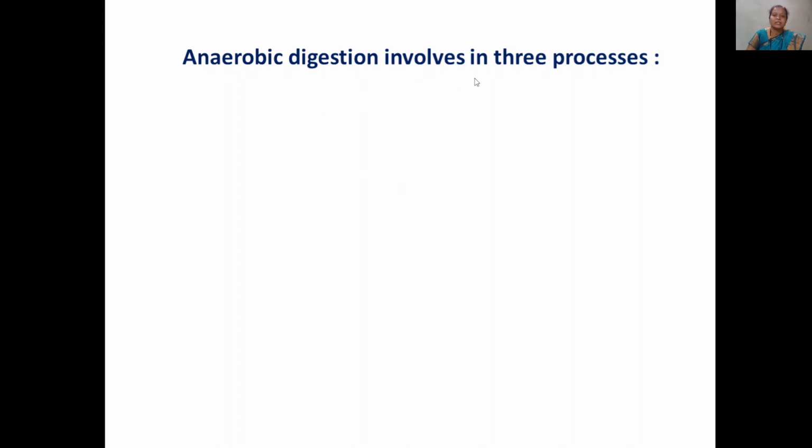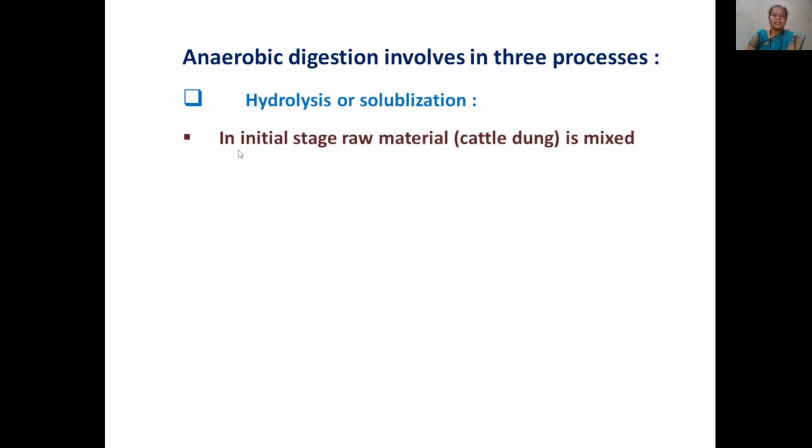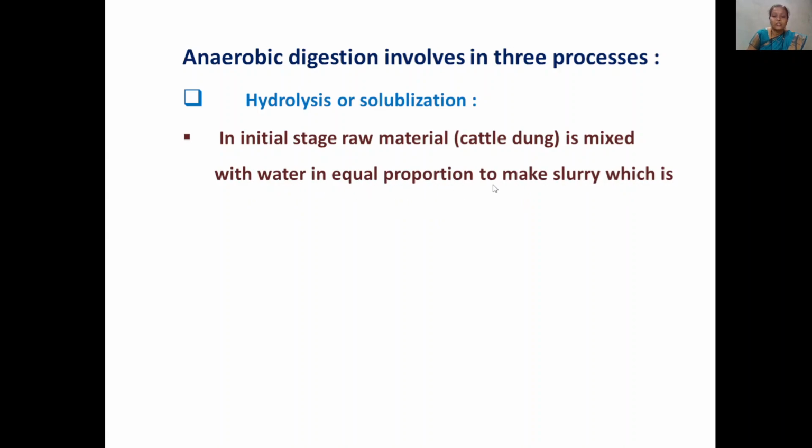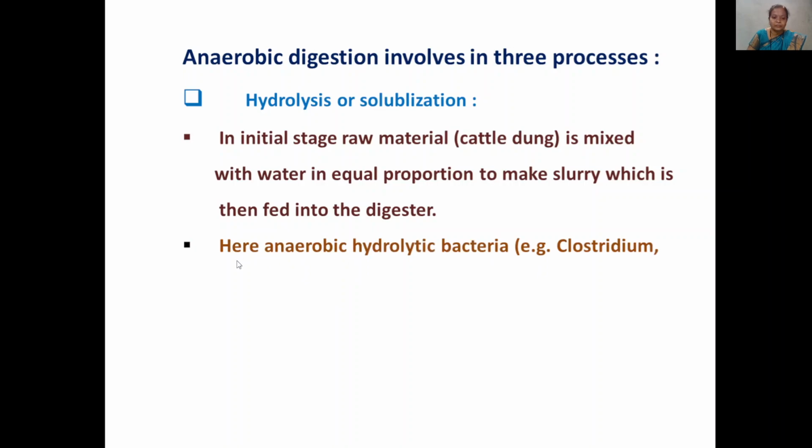Anaerobic digestion involves three processes. First process is hydrolysis or solubilization. In the initial stage, the raw material, cattle dung, is mixed with water in equal proportion to make slurry, which is then fed into the digester.